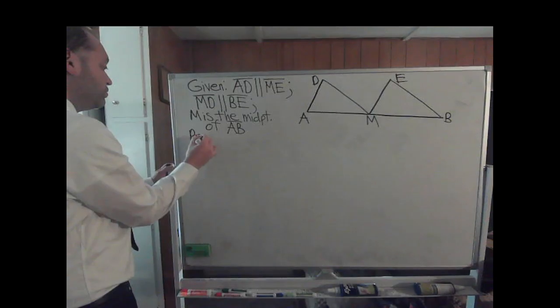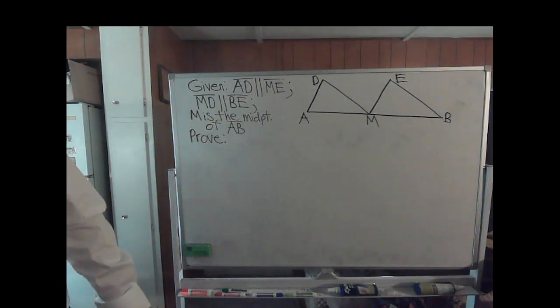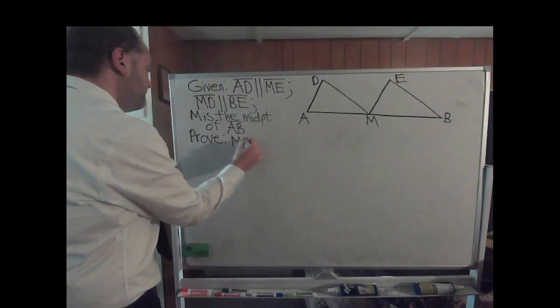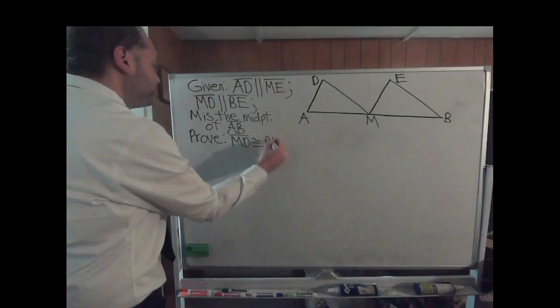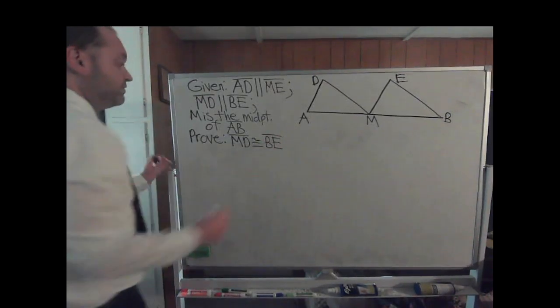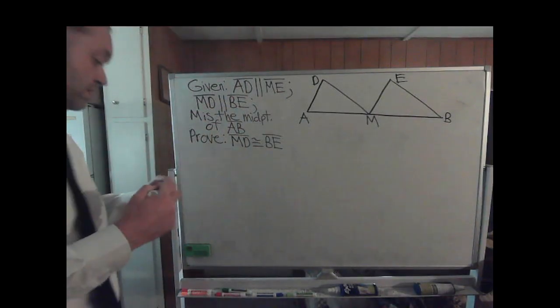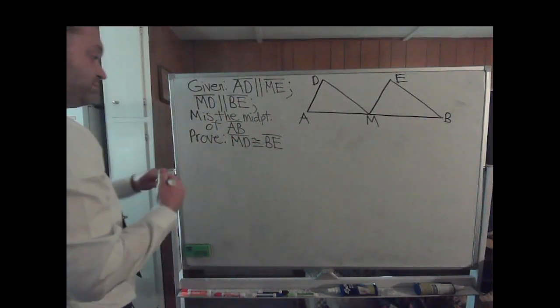Ultimately, what's our goal to prove? This exercise, we are to prove that MD is congruent to BE. So out of all this, we're going to prove that MD is congruent to BE. Okay, we'll do congruency markers in a second.